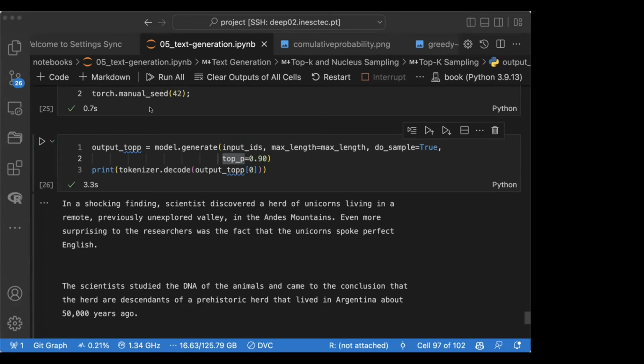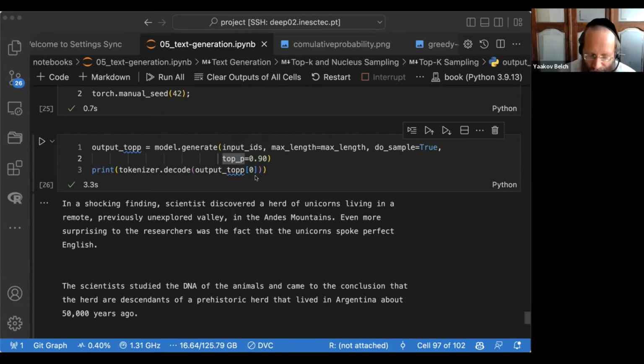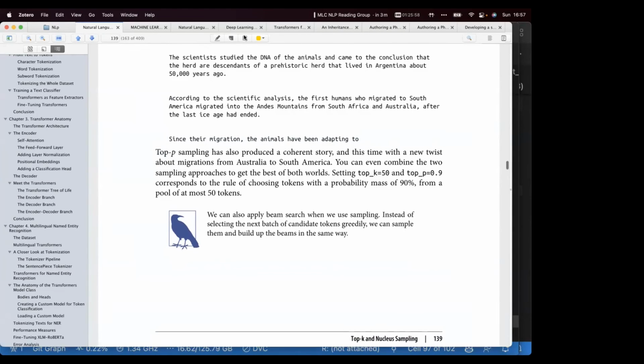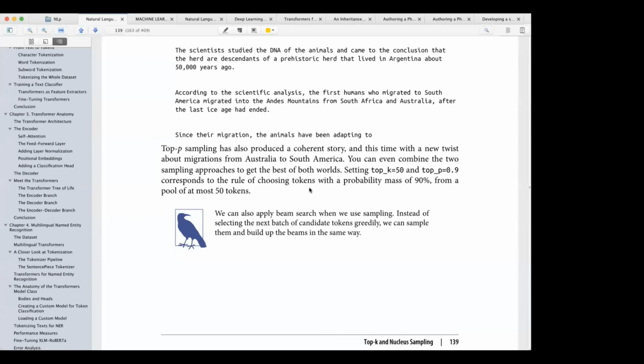This condition is when a certain probability mass, whatever that means, I think that's proportion, is the sum of the words which are selected. The sum of the probability of the words, so the first word, as I was explaining, could have a probability of 0.3. The next, if you give it a cutoff of very high probability, say a 0.9 cutoff, then as soon as your summation of the word probability reaches that, that's it.